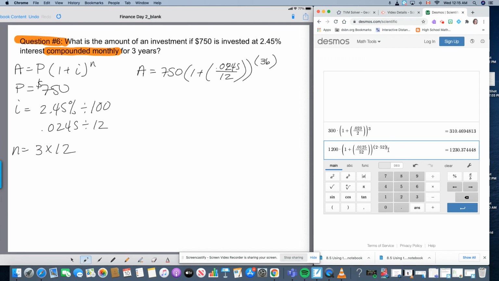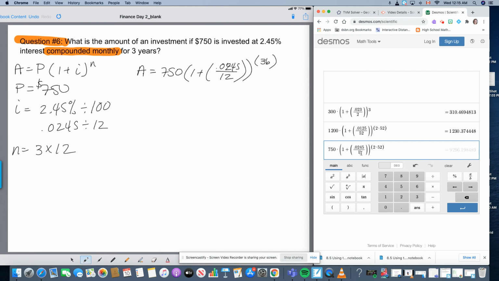And then I'm going to take this. Oh no. We need a new question. We're going to do this, and then we're going to just manipulate this so that we have the proper formula already in there. 0.0245.